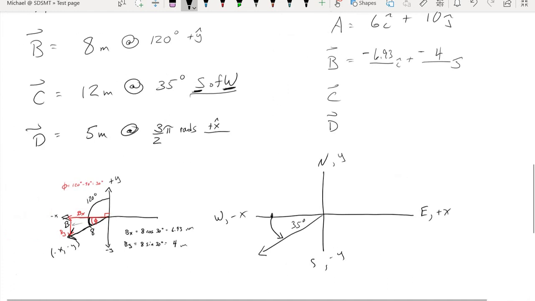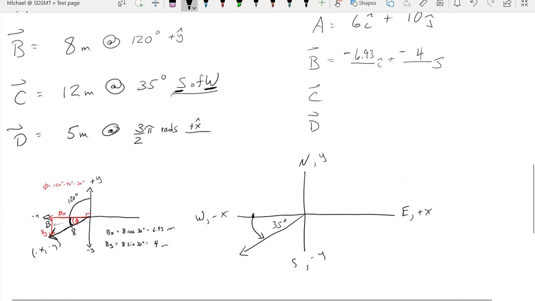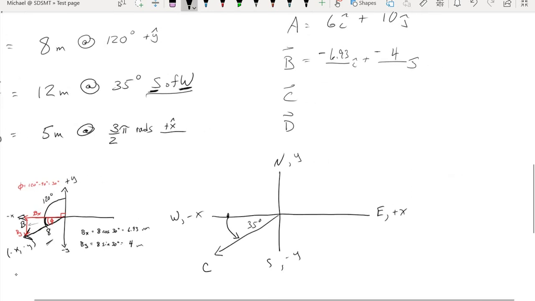And so vector C is almost right on top of vector B. Vector B was 30 degrees below the negative x-axis. Well, vector C is 35 degrees below that axis.